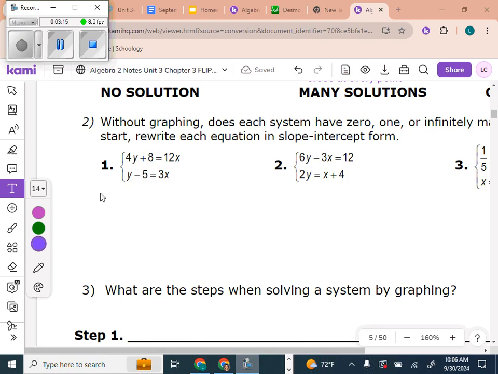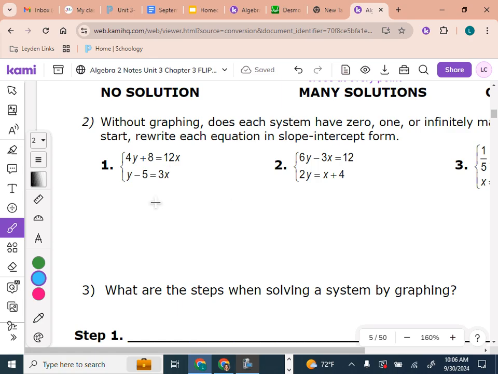Jose Velasquez, how did you get the first equation into slope-intercept form? Divide by 4. Good. So we have y equals 12x divided by 4 is 3x, and negative 8 divided by 4 is negative 2. Okay. Juan, how did you get y minus 5 equals 3x into slope-intercept form?